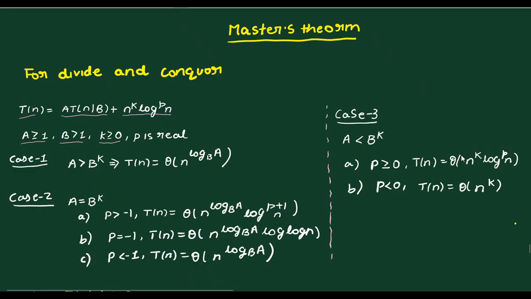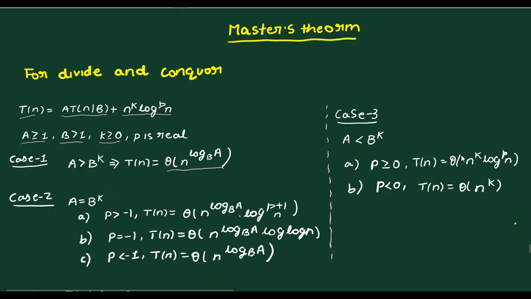Case 1 is when your a is greater than b power k, your T of n becomes theta of n raised to the power log a base b. Case 2, if your a is equal to b power k and your p is greater than minus 1, your T of n becomes theta of n power log a base b into log raised to the power p plus 1 of n.